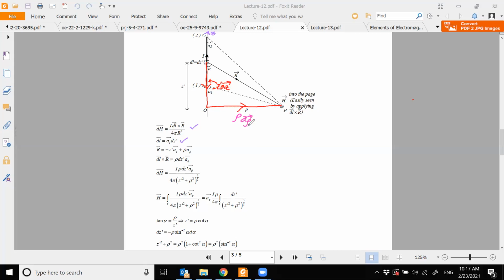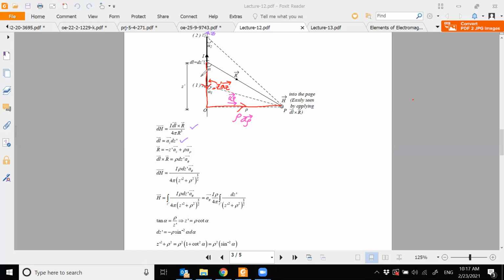And why is it positive? Because we are considering cylindrical coordinates. So this is rho, and my a rho direction will be this direction. Since this vector is in the same direction, it is rho a rho.